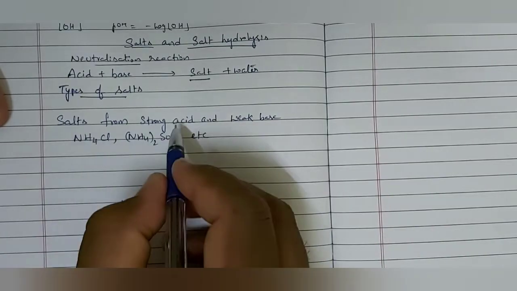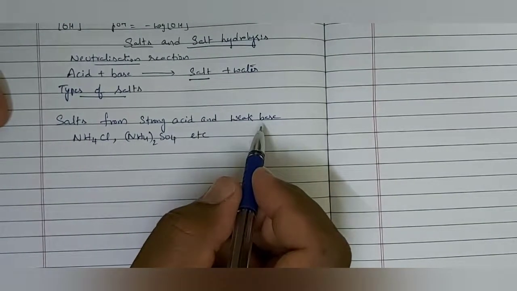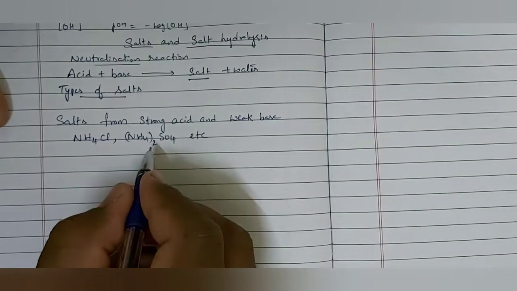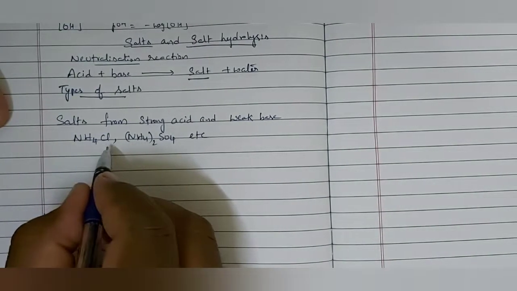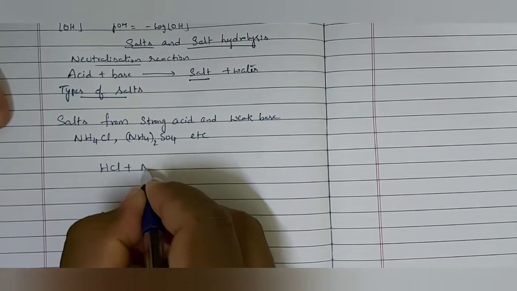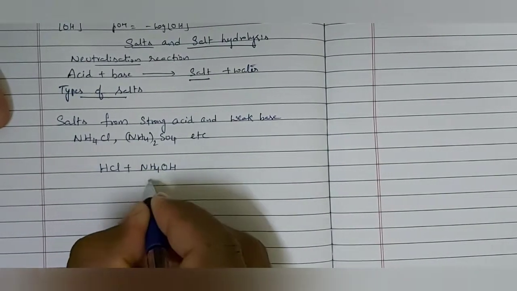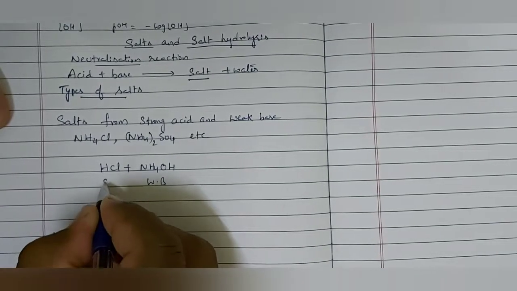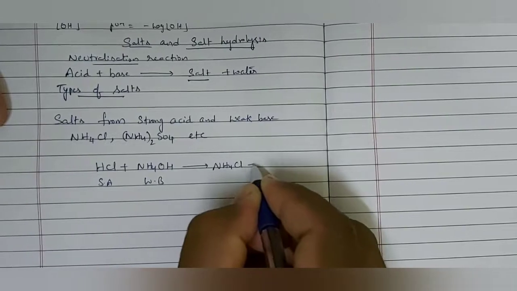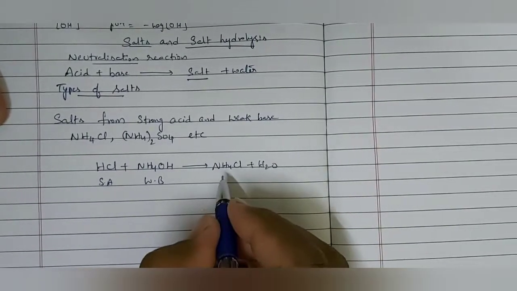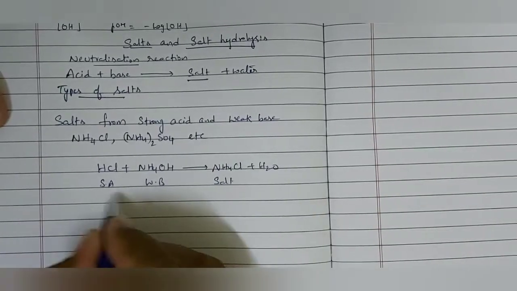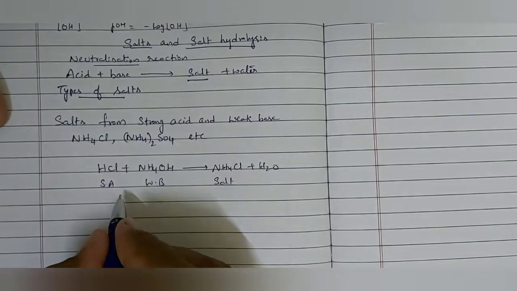Salts which are obtained from strong acid and weak base. Strong acids, for example HCl, H2SO4; weak base, NH4OH. Examples for this type of salts: NH4Cl, (NH4)2SO4, etc. HCl reacts with NH4OH. NH4OH is a weak base and HCl is a strong acid. This will give NH4Cl plus H2O. This NH4Cl is the salt which is obtained from strong acid and weak base.